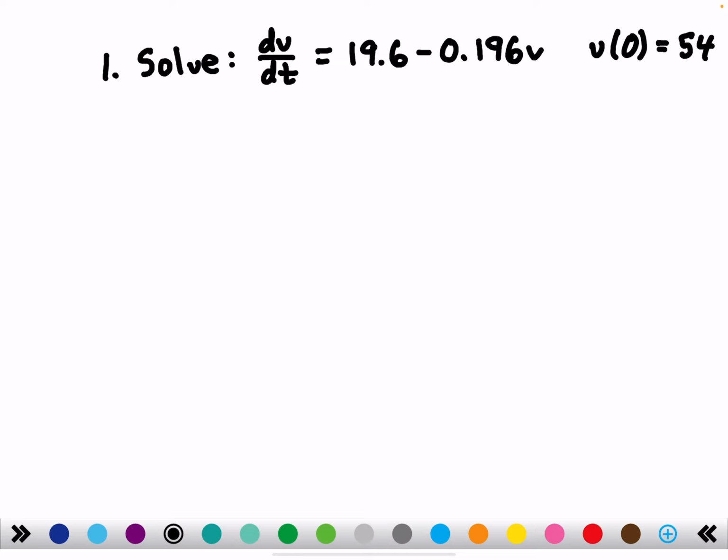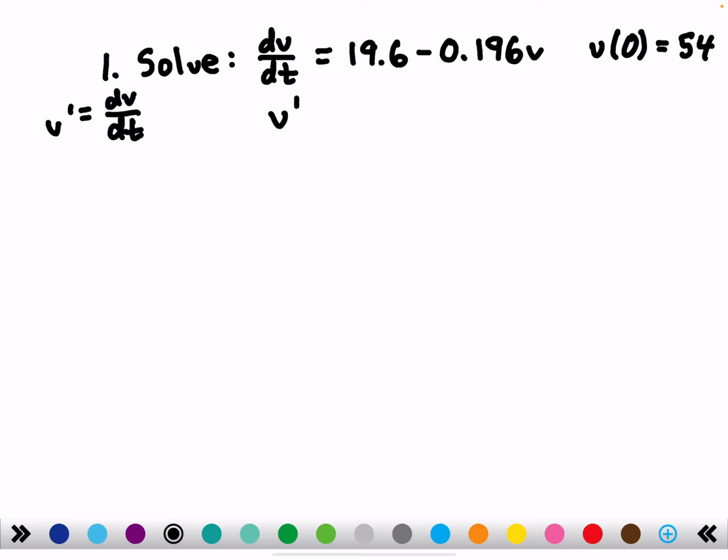So number one, we'll solve the initial value problem dv dt equals 19.6 minus 0.196 v. First we must write v prime equals dv dt because we need to write our given equation in the proper form.